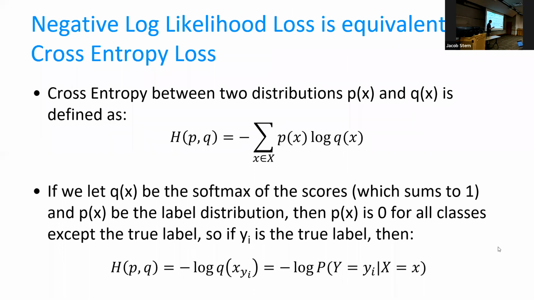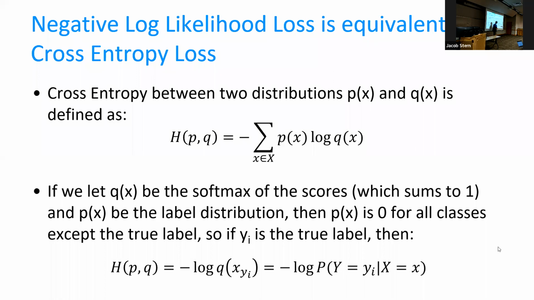The cross entropy between two probability distributions, P and Q, is defined like this. Big X represents the number of classes, so we're summing over different classes, or discrete probabilities, here.